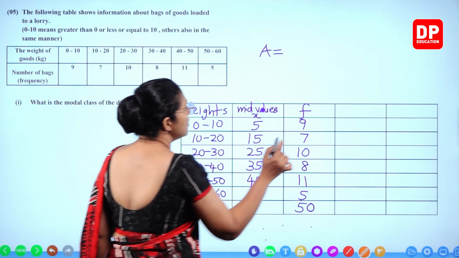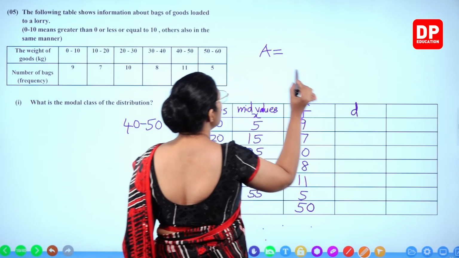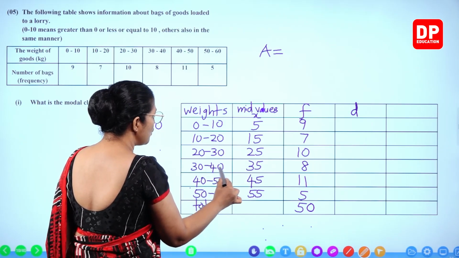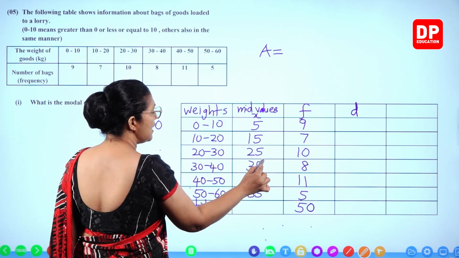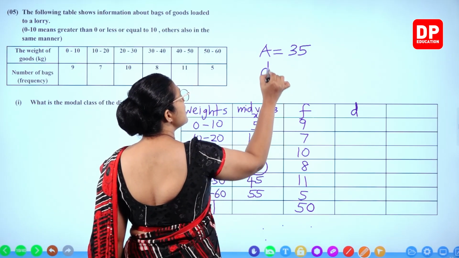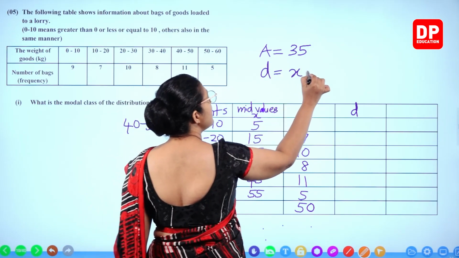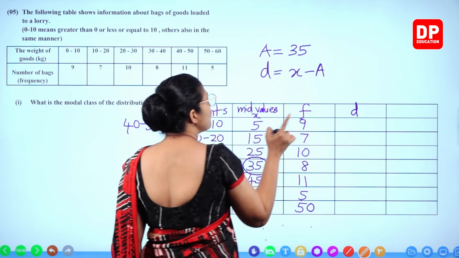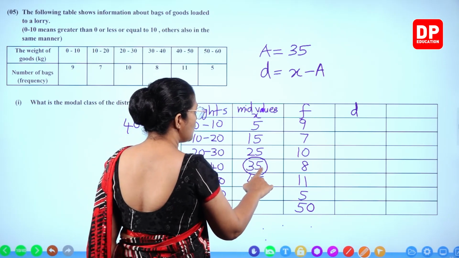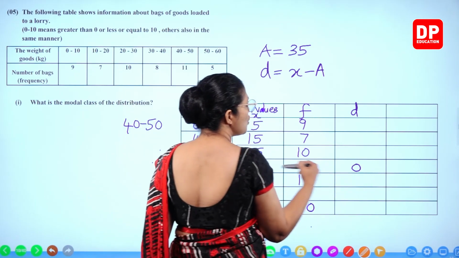And then you have to take the deviation. Now they say take the assumed mean as the midpoint of this interval. So that's 35. A is 35. Then what is deviation? X minus A. So you have to subtract the assumed mean. So let's take this one. That becomes 0. The deviation is 0.